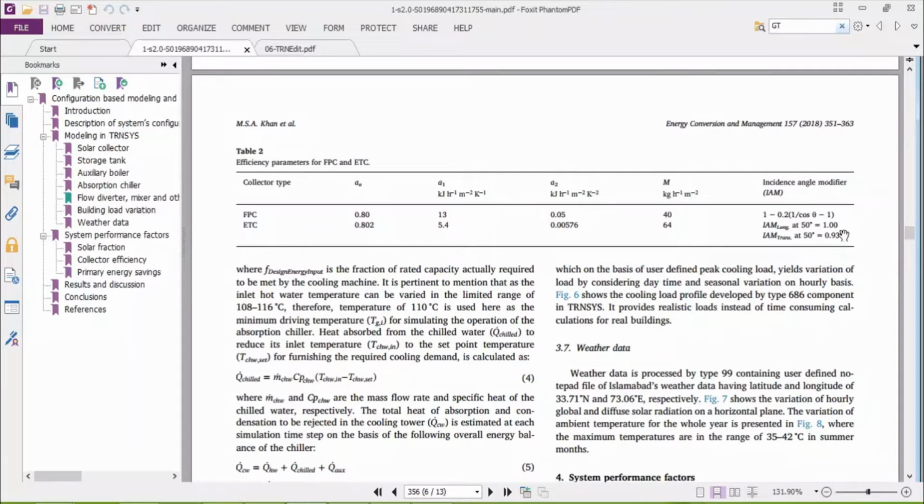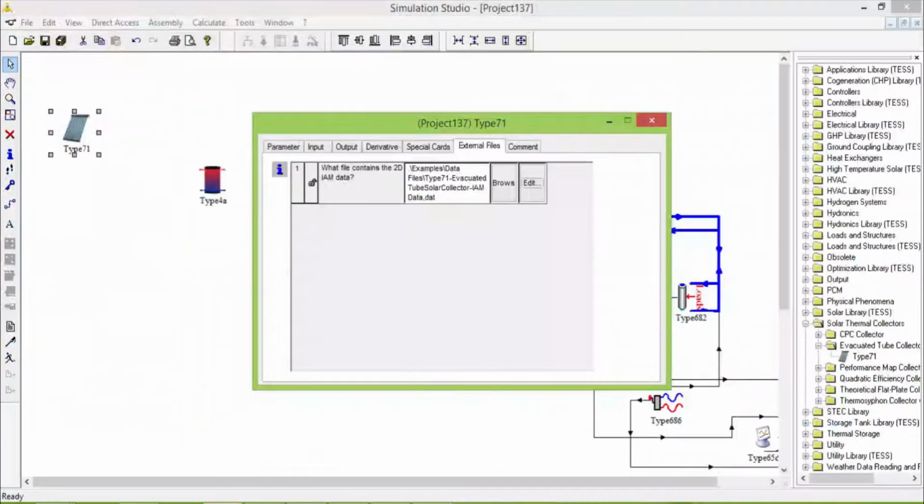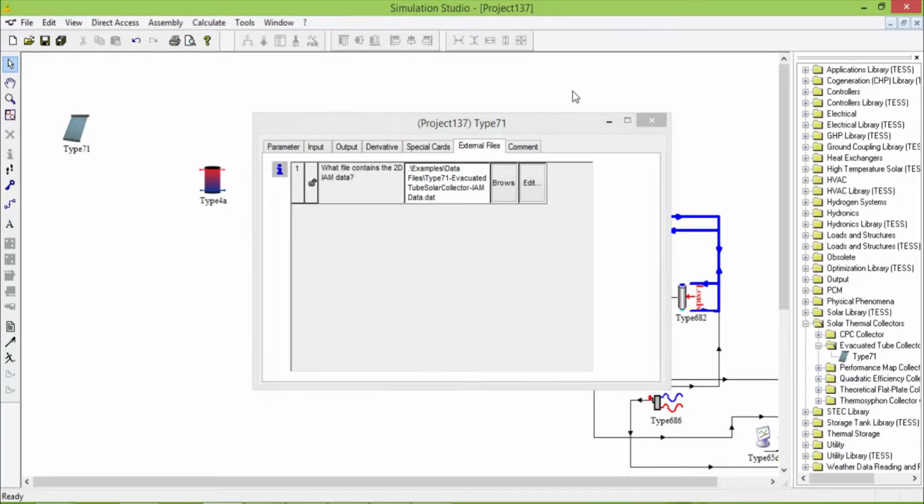So if you multiply these both, it will give us 0.93. Remember, these are multiplications, so you need to be careful. These values are taken from the actual solar thermal collectors. Okay, so this is okay.